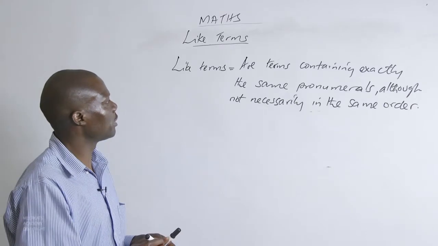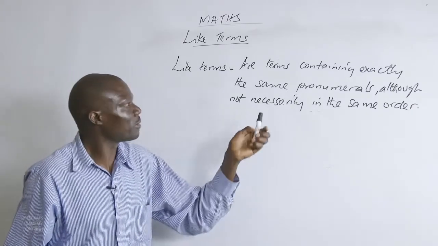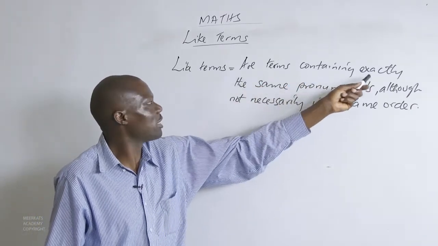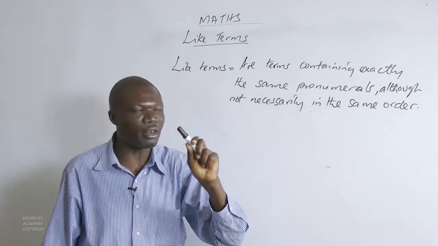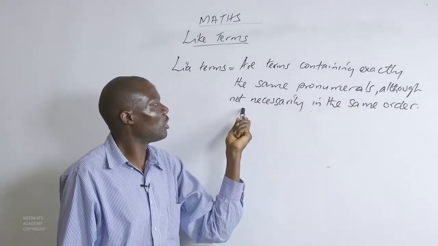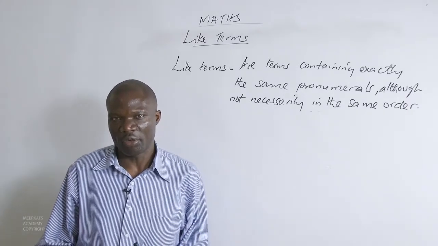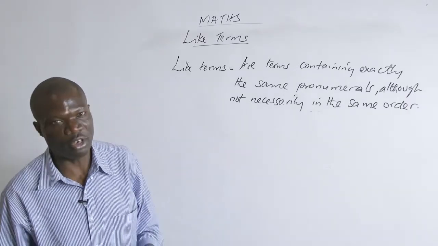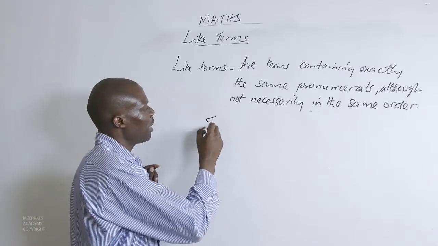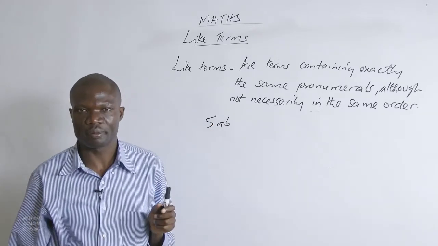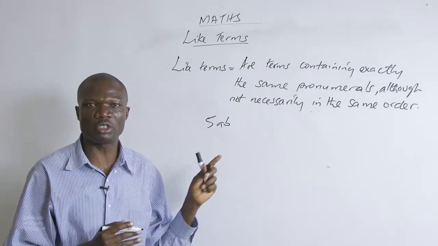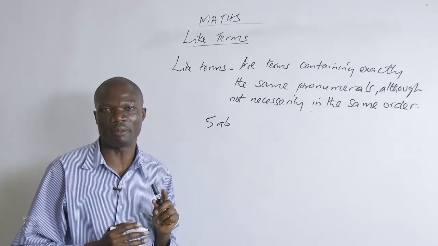So we are saying this. Like terms are terms containing exactly the same pronumerals, although not necessarily in the same order. When we talk of not necessarily in the same order, I want you to look at this. 5AB. Well, how many pronumerals do we have in this particular term?